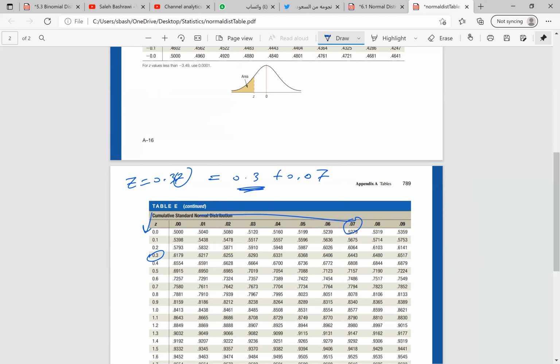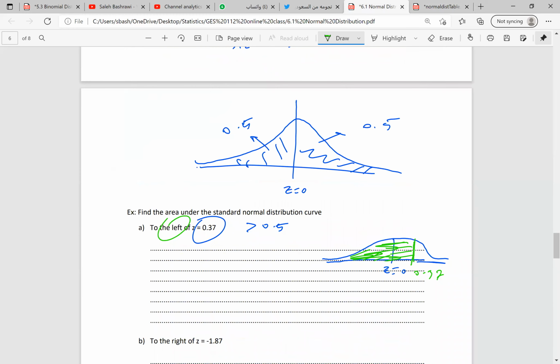See the intersection between the row and the column. It is this value, 0.6443. So the area to the left of 0.37 is 0.6443.